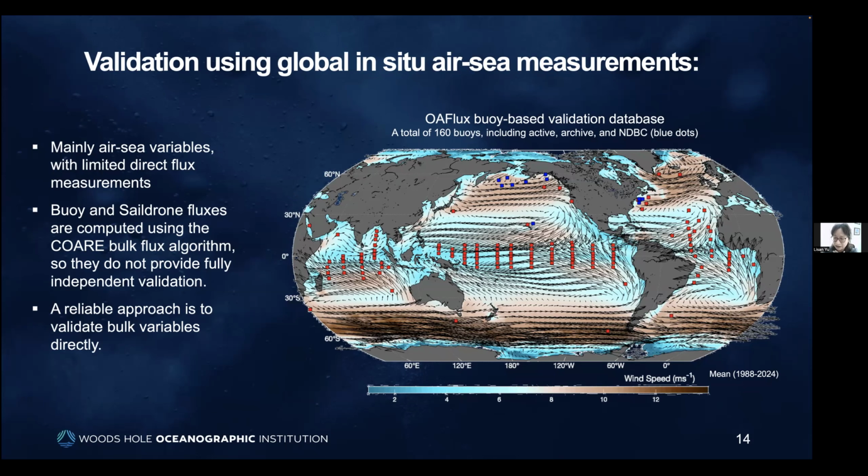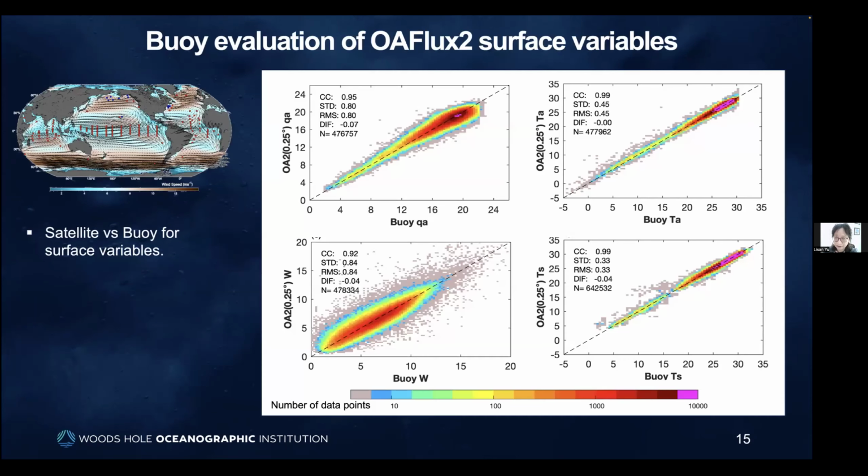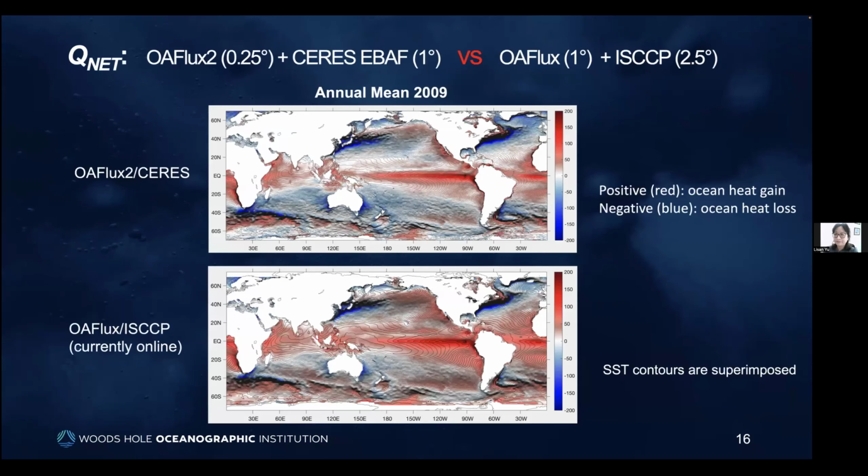We're using the same kind of algorithm. I'll go quickly over the algorithm: the total number is nearly 500,000 points on a daily basis included in the comparison, and the accuracy is pretty satisfying for us.